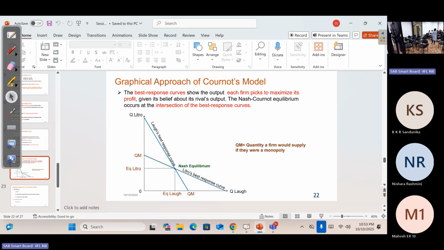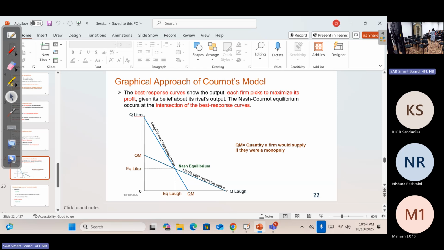In the kinked demand curve model, what happened? If one firm increases the price, all other firms do not follow. If one firm reduces the price, all firms will follow. So they face an elastic plus inelastic portion, a kinked demand curve.